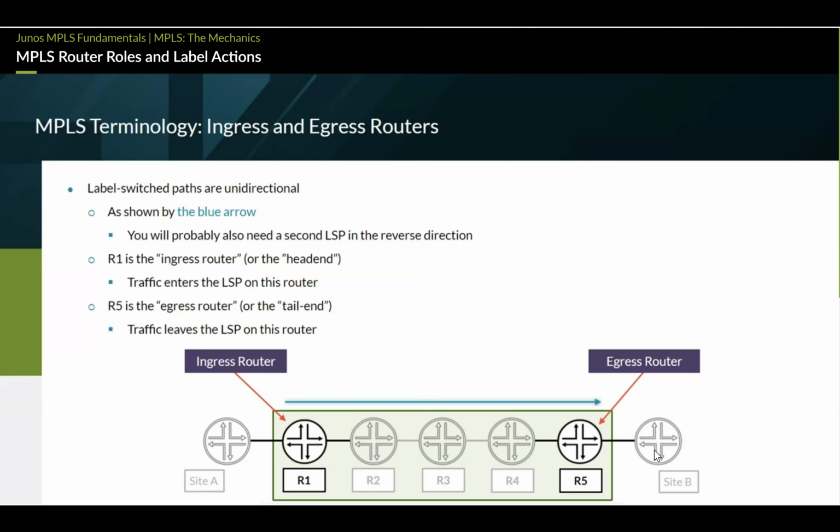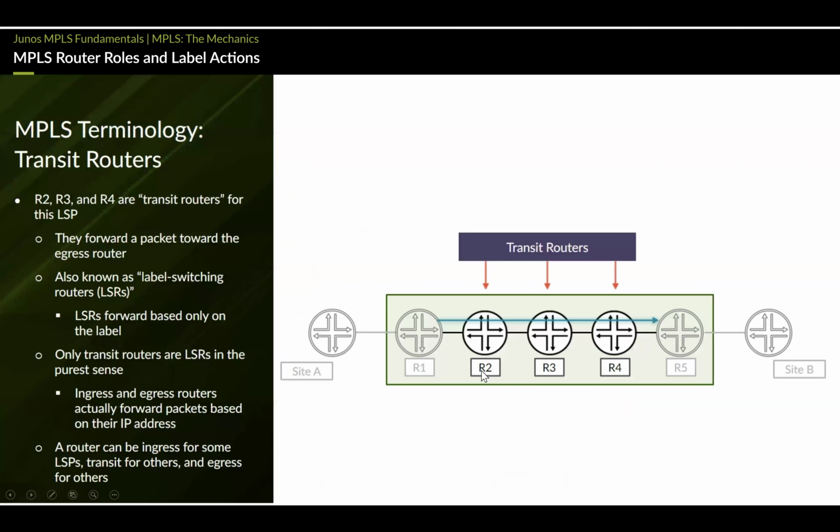That's why the router where traffic enters is the ingress router, and the router 5 where traffic leaves is called the egress router. So this is the naming convention in MPLS topology: which one is the ingress router and which one is the egress router.